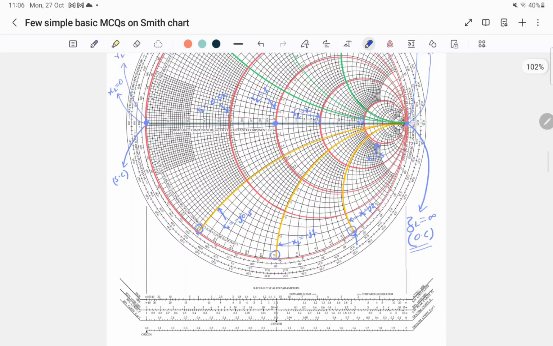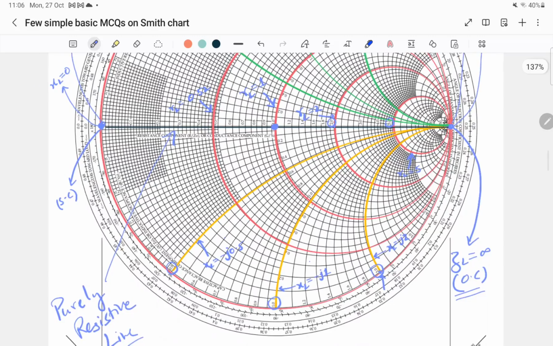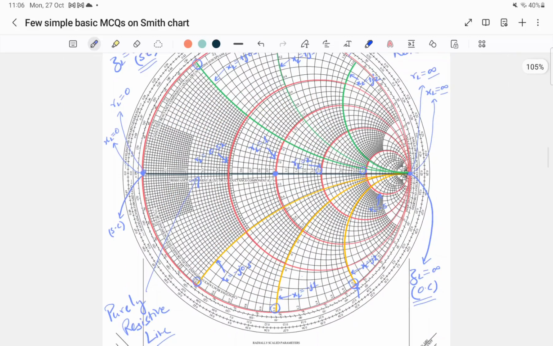Similarly, this horizontal black line is called the purely resistive line. Why purely resistive? Because this is the locus of XL equals 0. You remember that when the reactance circle was a point, it was XL equals infinity.